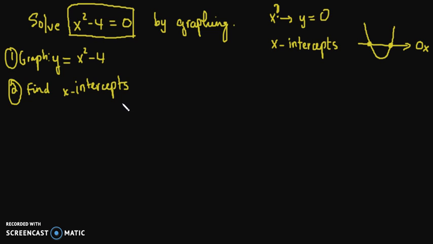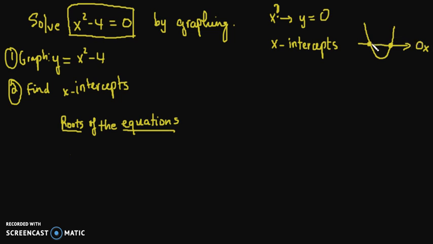The solutions of the quadratic equation and the x-intercepts of the graph of the related function are called the roots of the equation. When you talk about roots, it's the equation.